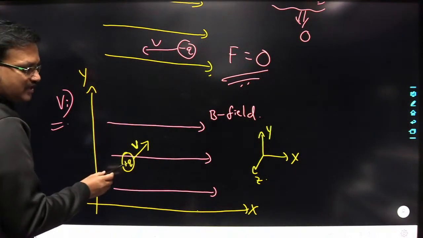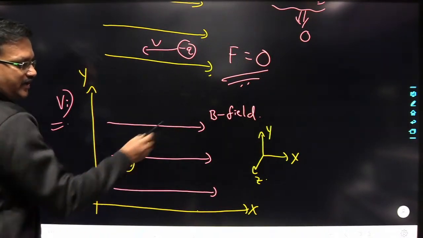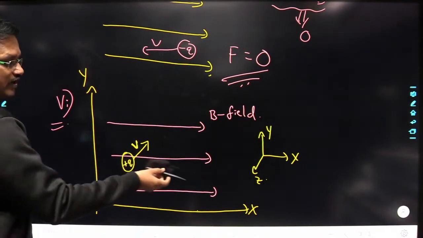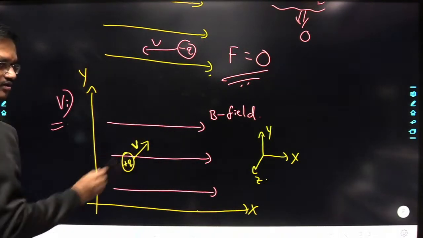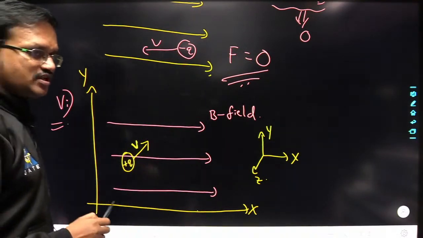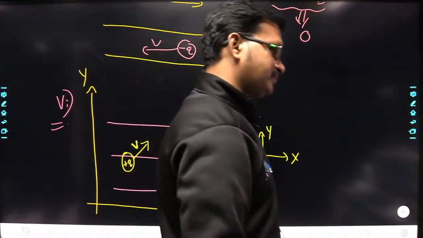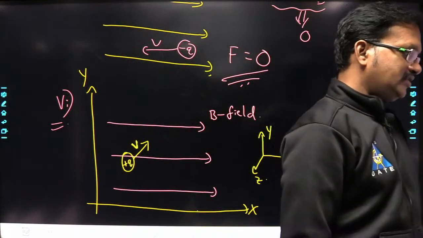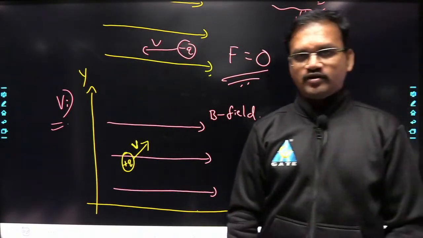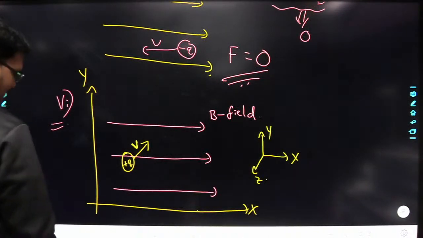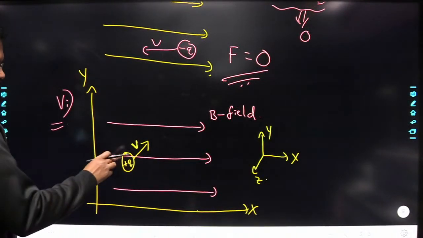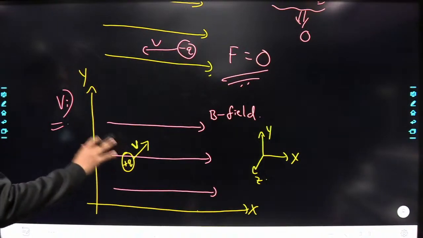It is moving in some resultant direction like this here. Now in this case, in which direction is it going to experience the force? Tell me. At this point, in which direction is this charge going to experience the force?